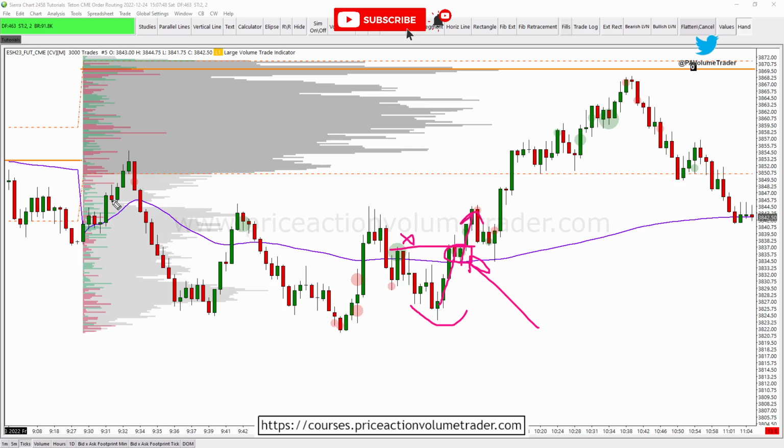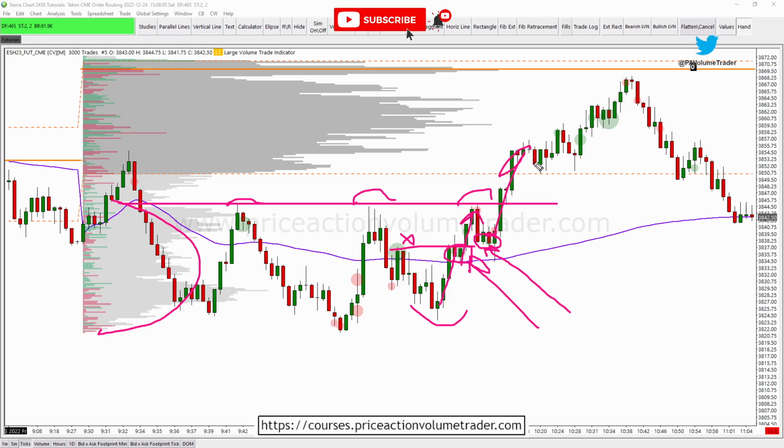high here. We came into the edge of this node, resistance, resistance, we reject again, and then again, more big volumes to buy here again, making a higher swing low, and finally we have our breakout from this resistance level here.